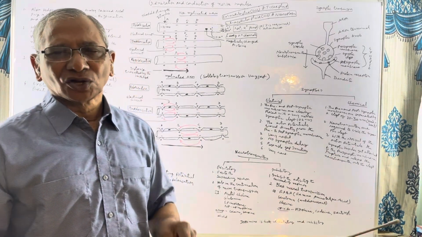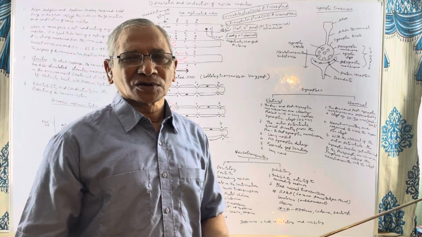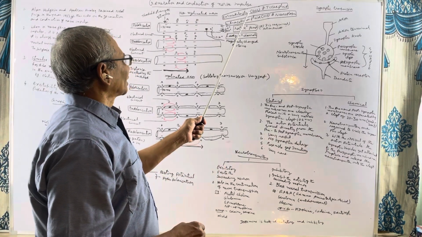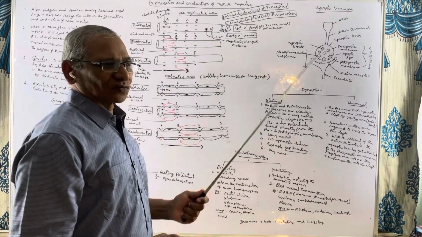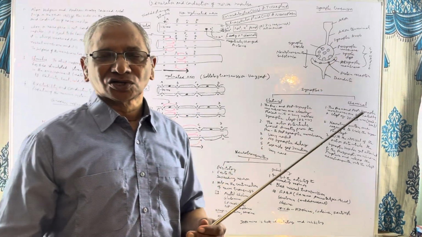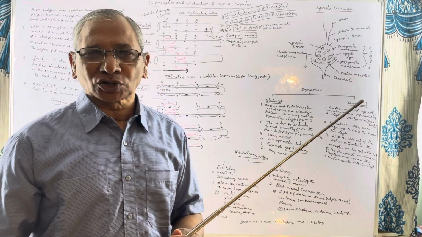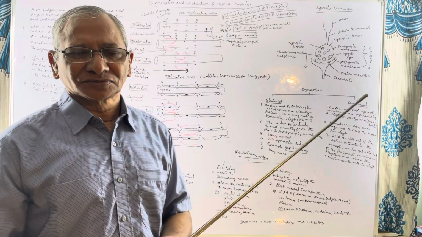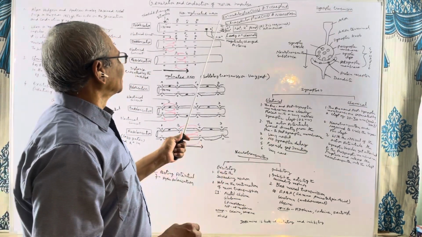There are two types of ions in both extracellular fluid and intracellular fluid. These are sodium and potassium. They are not equally distributed, though they are present in both ECF and ICF.